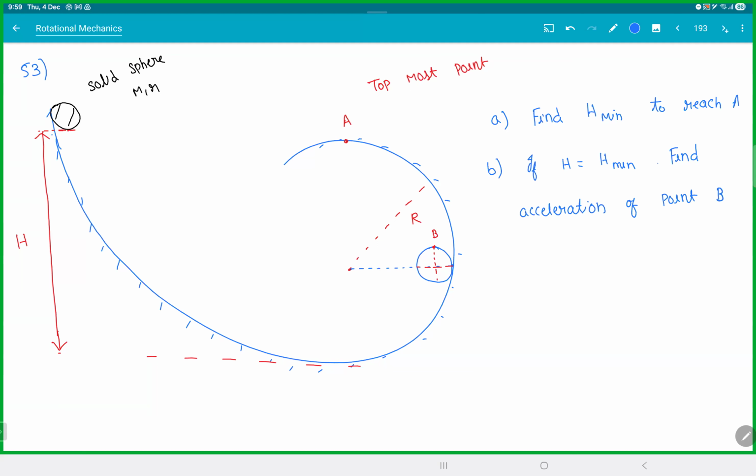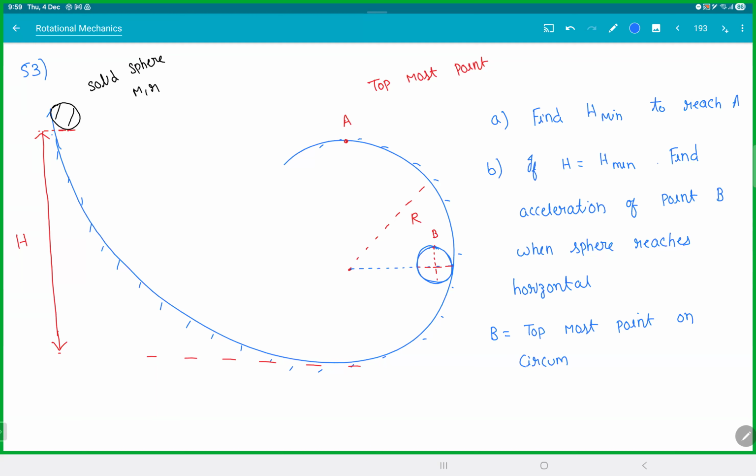Acceleration of point B, which is when the sphere reaches the horizontal position. So this position. When the sphere reaches the horizontal position, B is the topmost point of the circumference of the sphere. Not on the track.